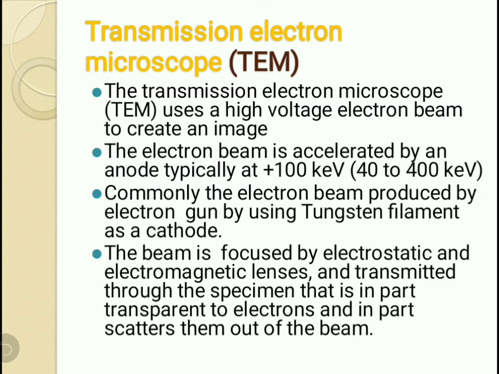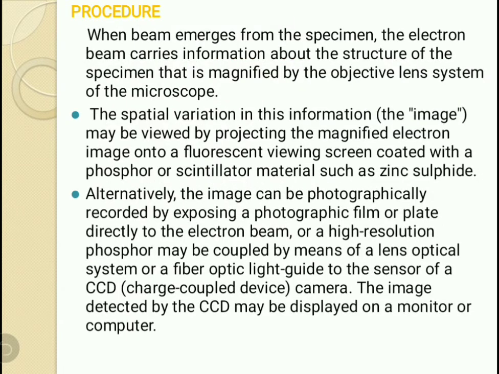Then the beam is focused by electrostatic and electromagnetic lenses and transmitted through the specimen, which is in part transparent to electrons and in part scatters them. This is the simple procedure of how the transmission electron microscope works.